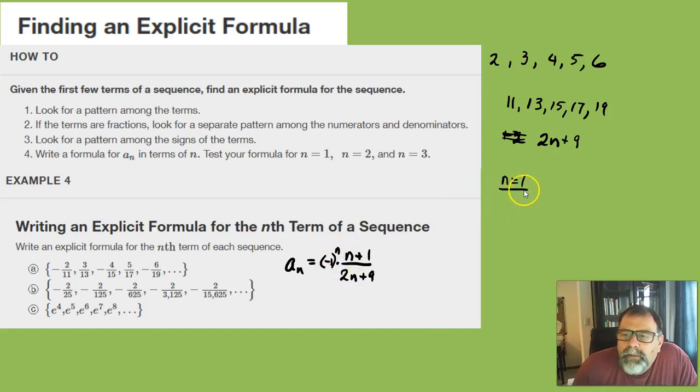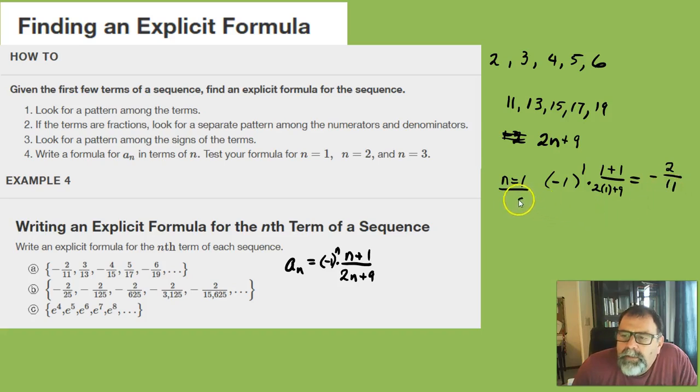If n is 1, you get negative 1 to the 1 times 1 plus 1 over 2 times 1 plus 9, which gets us negative 1, 2 over 2 plus 9, which is 11.